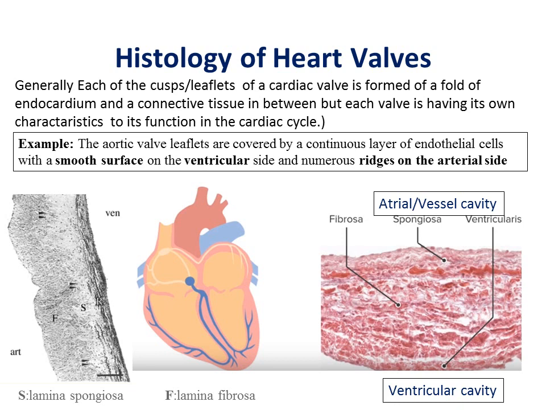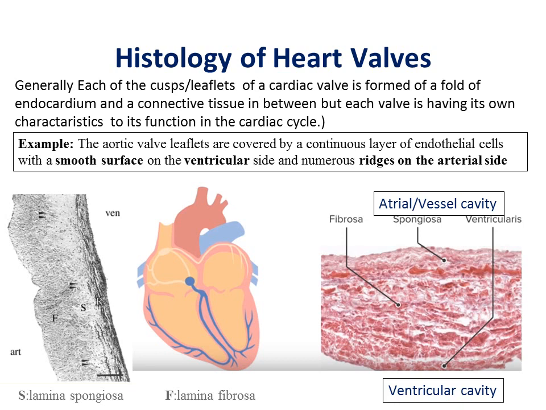If we are talking about atrioventricular valves, it is irregular with some ridges. So the valve towards the atrium is a little bit rough with some ridges, but towards the ventricle it is smooth. And each of these characteristics has its own function, to let the blood go through the atrioventricular valve or the aortic or pulmonary valve in a smooth and easy way.